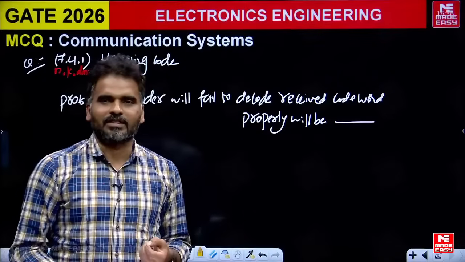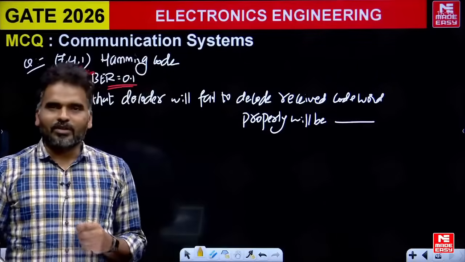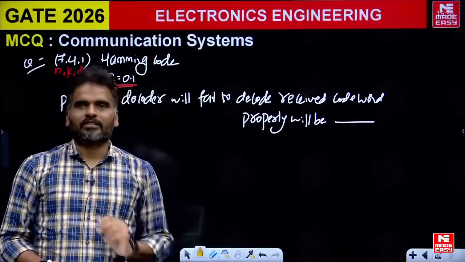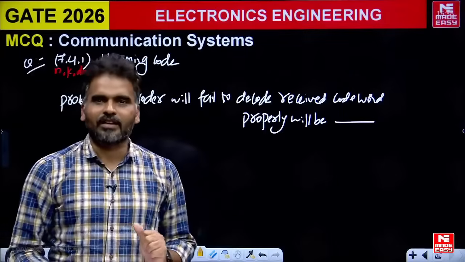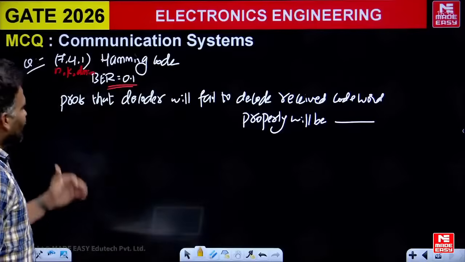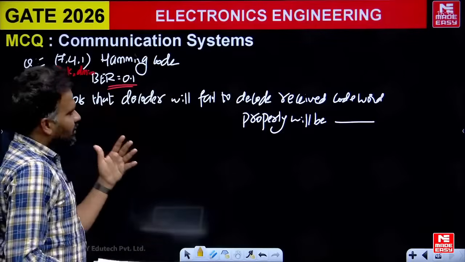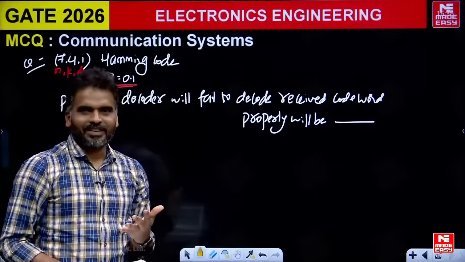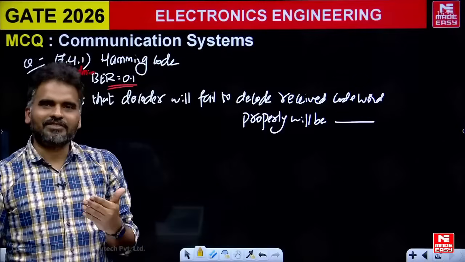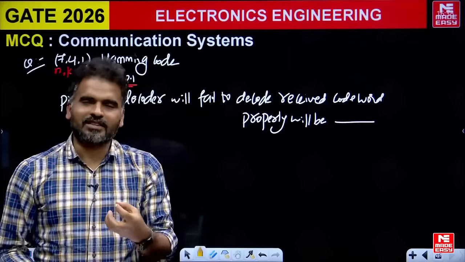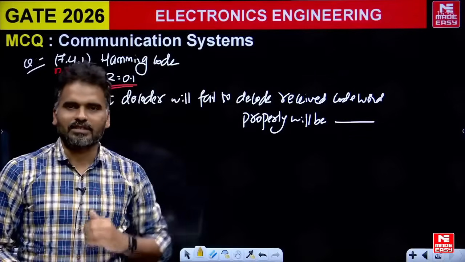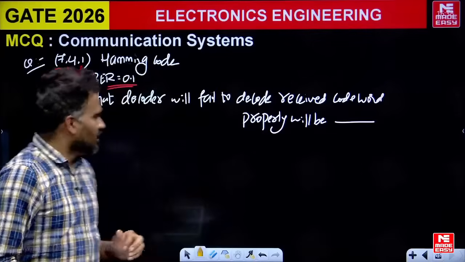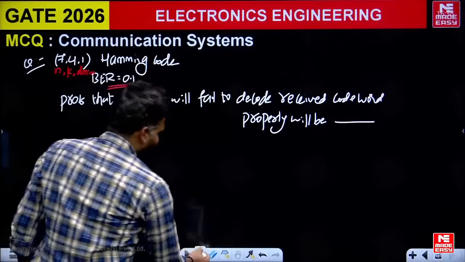Hamming code is able to correct a single error only; it has limited capability of correcting a single error only. So if there is a single error in the received code word, the receiver is able to correct that single error and get the original transmitted code word back.